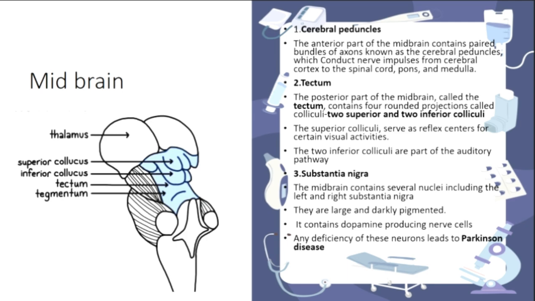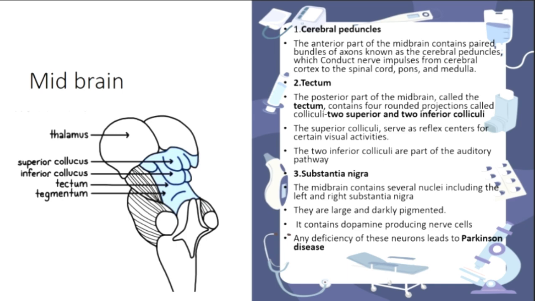Superior and inferior, at the back you can see the tectum. It consists of the superior and inferior colliculi, which are responsible for our main auditory pathway and visual reflex centers of our brain.